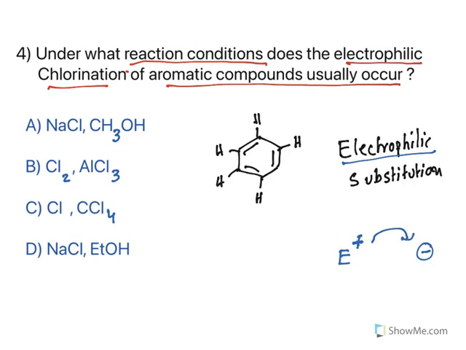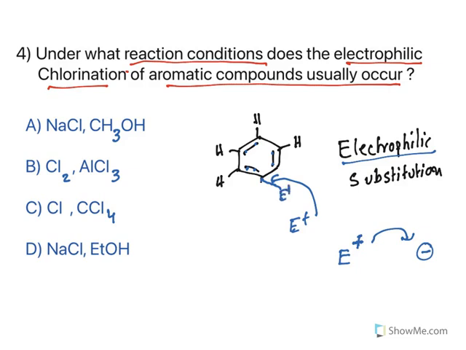Now, electrophilic substitution occurs. Why? Because benzene has all these revolving electrons. It is an electron-rich compound. So, electrophiles will tend to move closer because they are looking for electrons, and electron availability is very high in benzene. Once it attaches, this hydrogen comes out as a proton, and this electrophile attaches here.